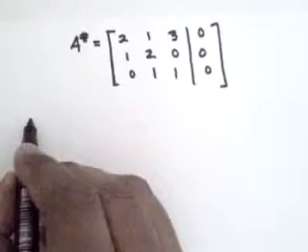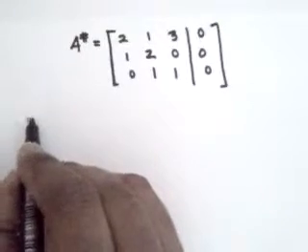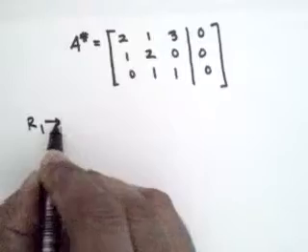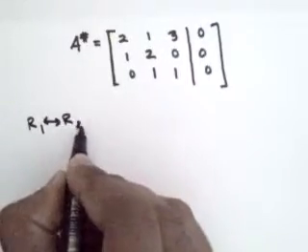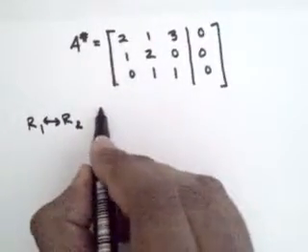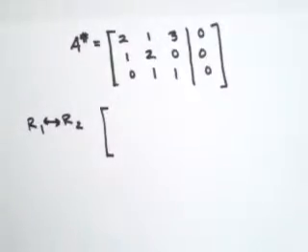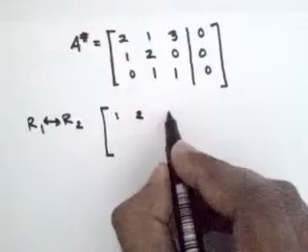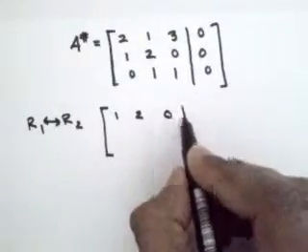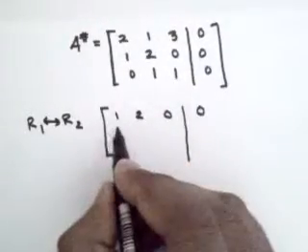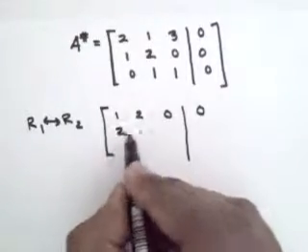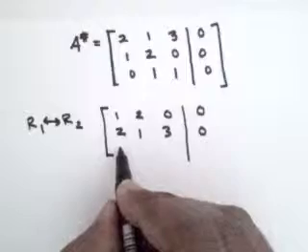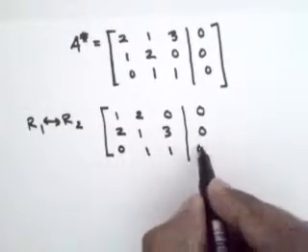In this case we can write row 1 interchange with row 2, so we get something like 1 2 0, then we get 2 1 3, 0 1 1 0.